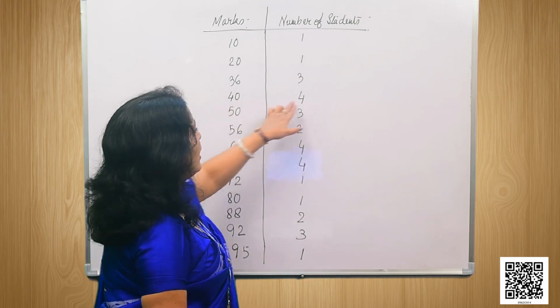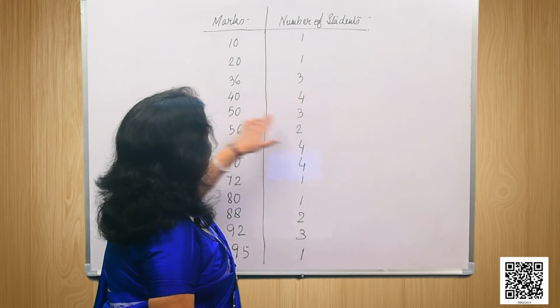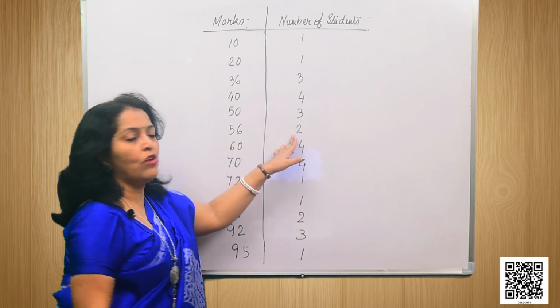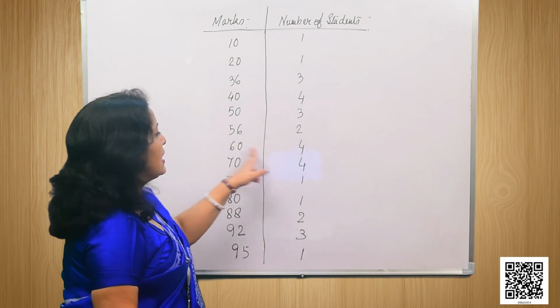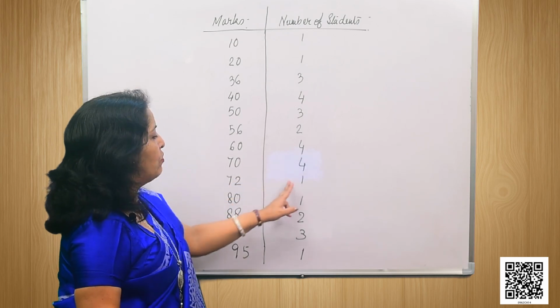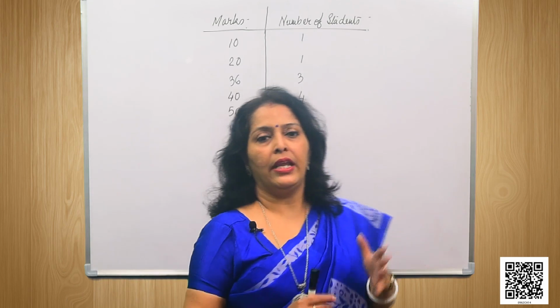Similarly for 40, 4 children got 40, then 50, 3 children got 50, then 56, 2 of them got 56, 60, 4 children, 74, 72, 1 and so on. Now here what I have done, I have made it a group.